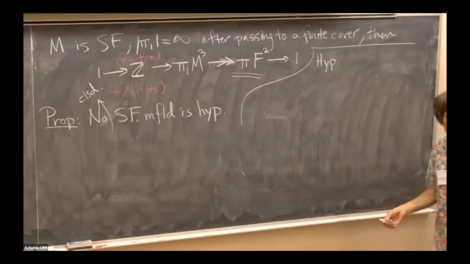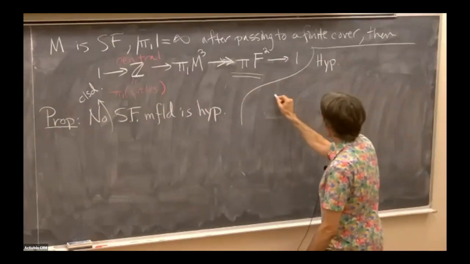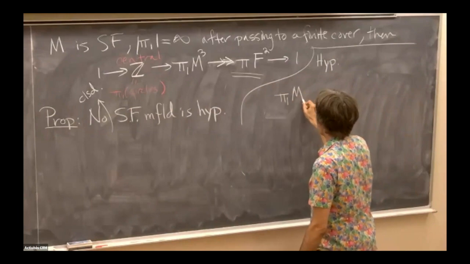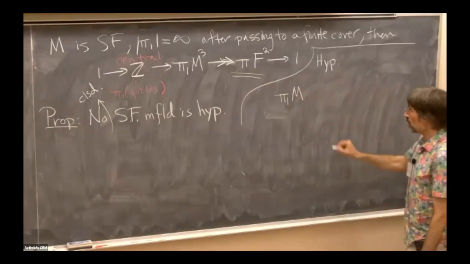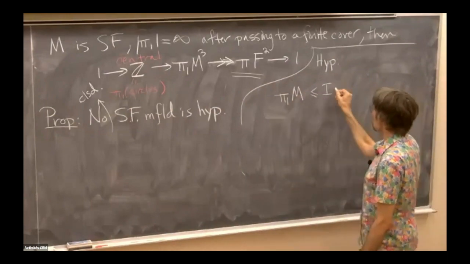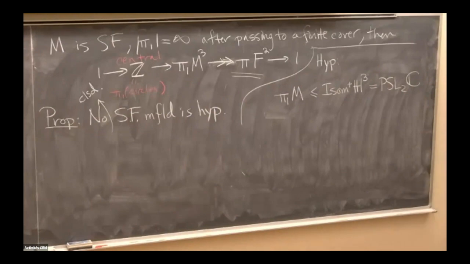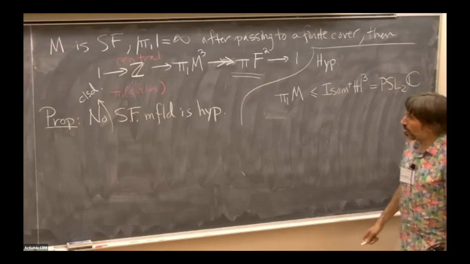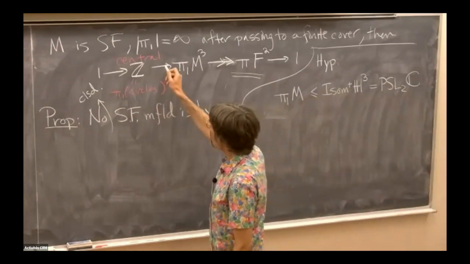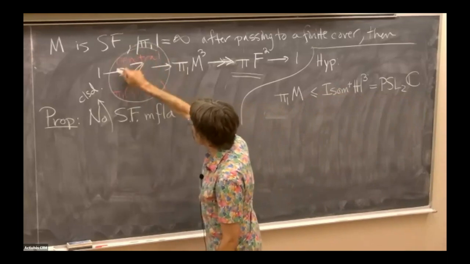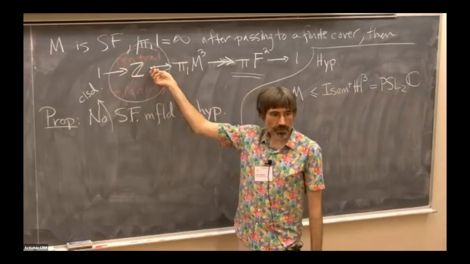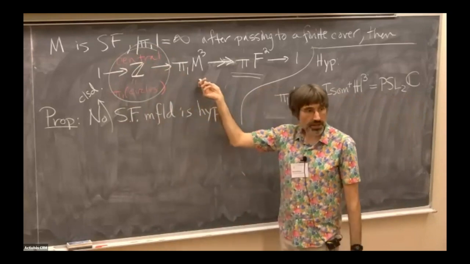For hyperbolic things, as I mentioned, we can think of the fundamental group of your hyperbolic manifold as a group of isometries of hyperbolic space, which I insisted was just a subgroup of 2x2 matrices, PSL2C. And here, we have this group with a large center. It has this element that commutes with everything in the group.